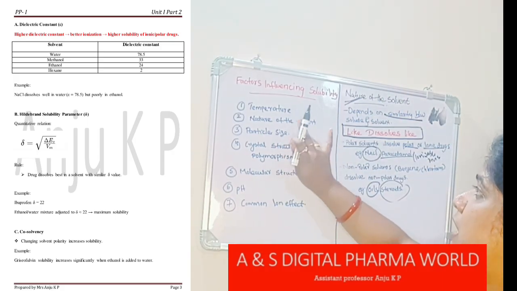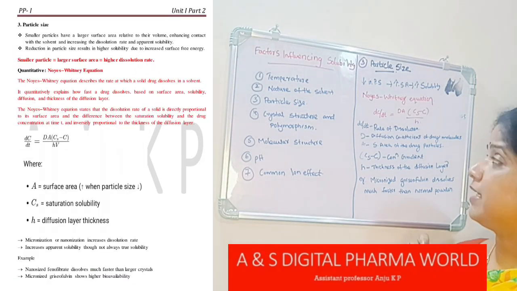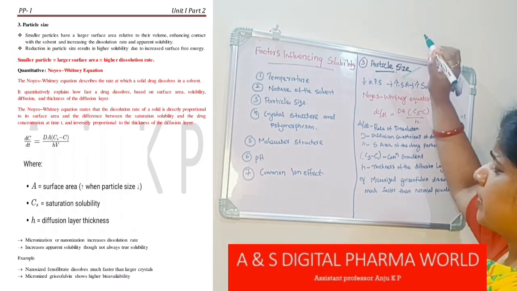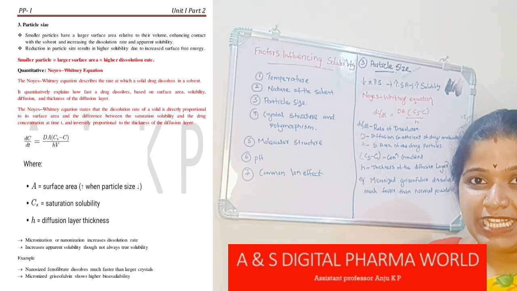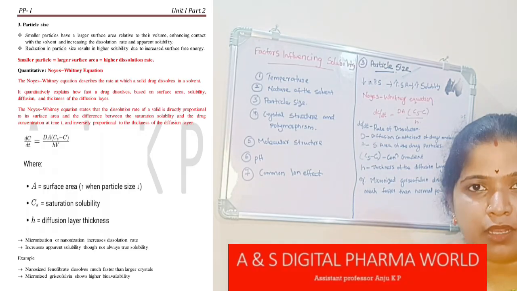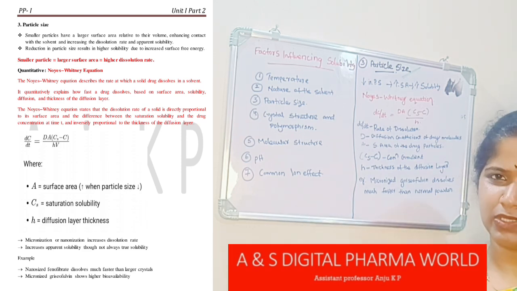Now we'll go to particle size reduction. We all know that if the particle size is small, it will dissolve easier, and if the particle size is big, it will take time to dissolve.